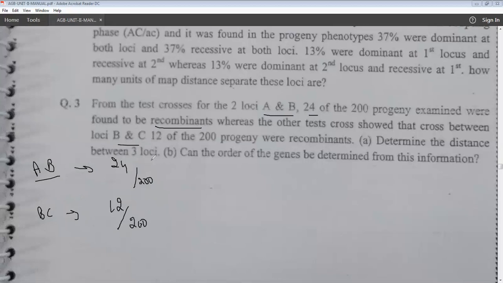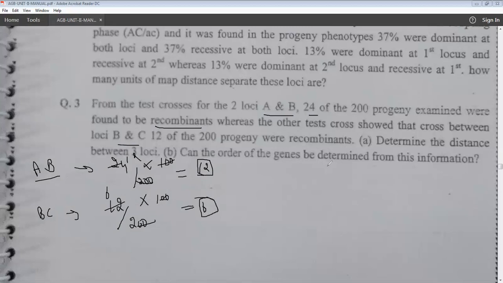So we have to calculate the recombination frequency. This will cancel with each other. This is 12, and this will be 6. So A and B have a 12 map unit distance, and B and C have a 6 map unit distance.